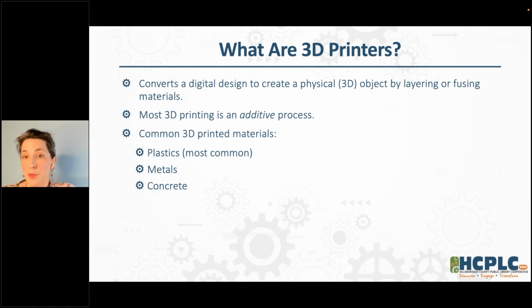There are also 3D printers that can print metal. We'll go into some neat examples of that as well, or even concrete. You can 3D print a house with concrete nowadays. Those are the common materials that you will hear talked about, but they're not necessarily accessible to us. For that, it's generally going to be plastics or polymers, but metals and concrete are popular and growing uses for 3D printers.